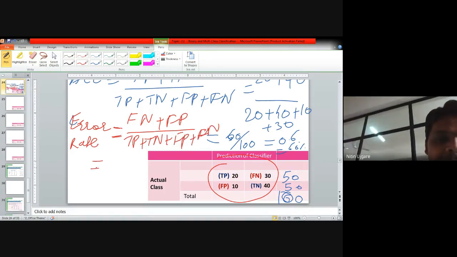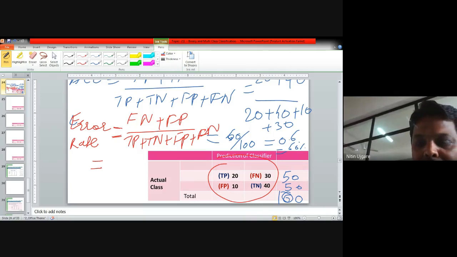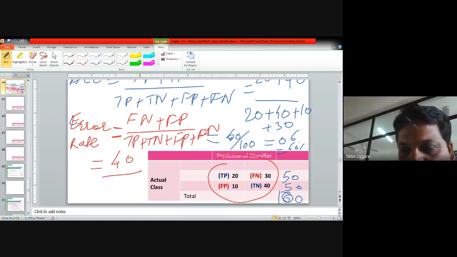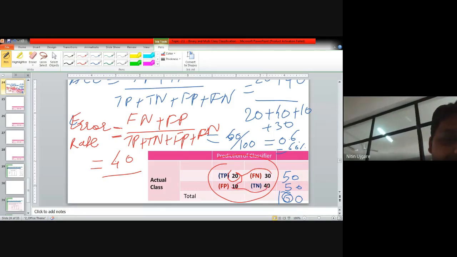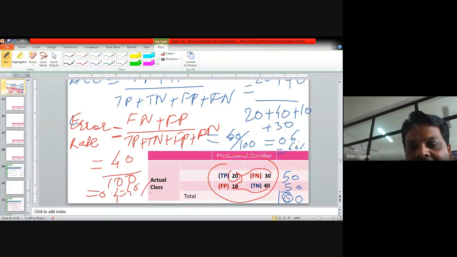If you calculate it, FP plus FN summation is 40, and the total number of instances, taking the summation of the entire confusion matrix, off the diagonal and on the diagonal, that is TP 20 plus FN 30 plus FP 10 plus TN 40, gives 100. So the error rate that we have calculated is 0.4, or 40%.